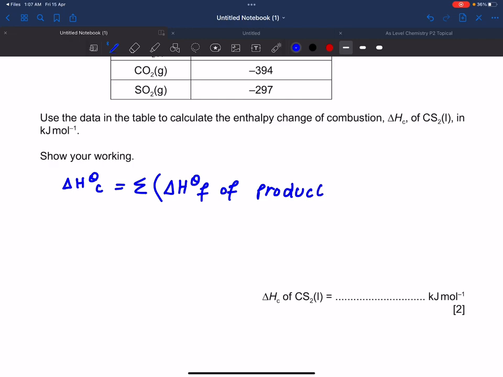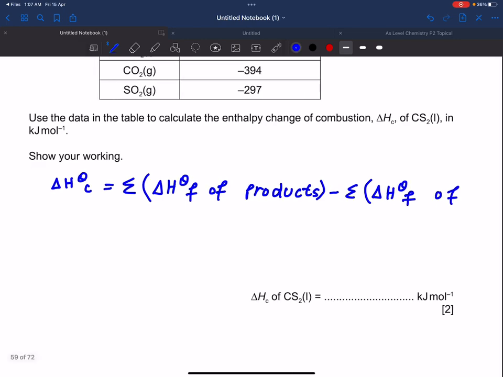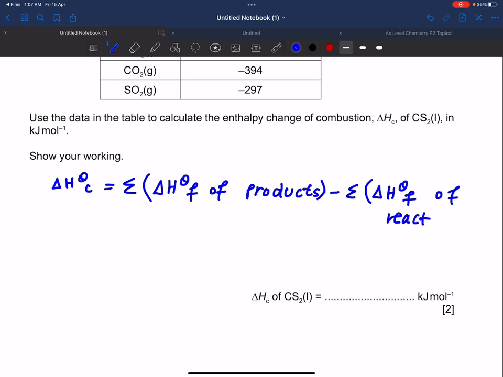You got to remember this formula. This is a very commonly used formula. So you're going to put in the values, and do remember about the moles if there are any.